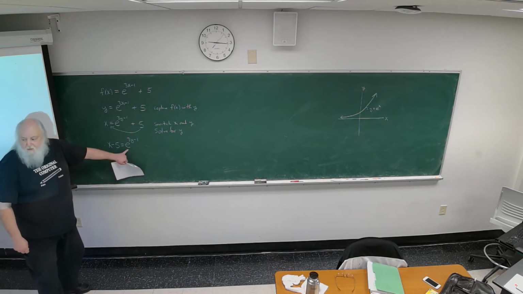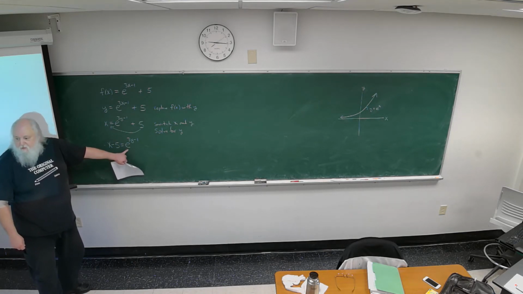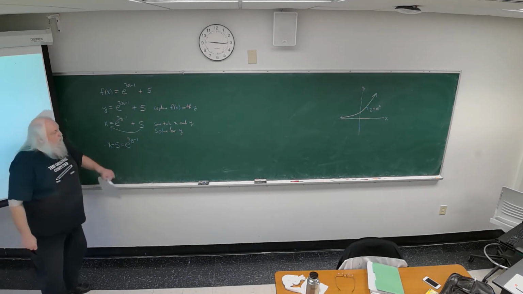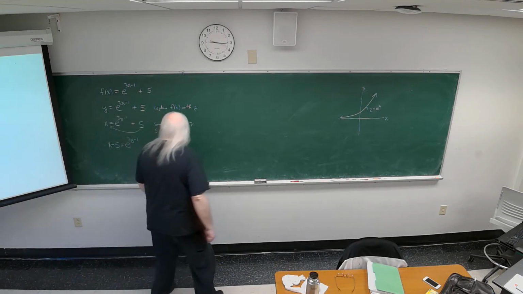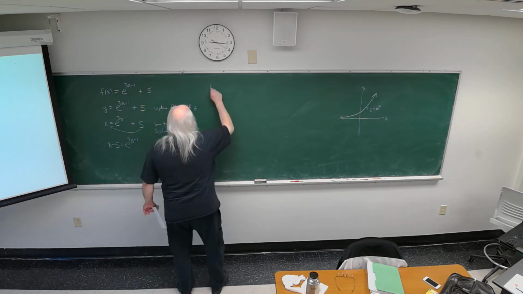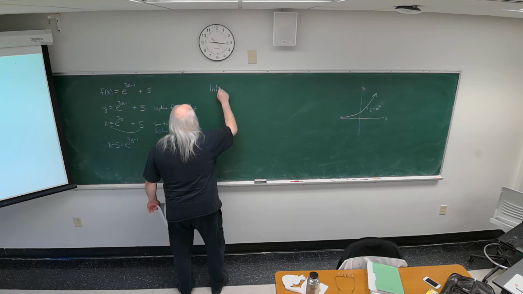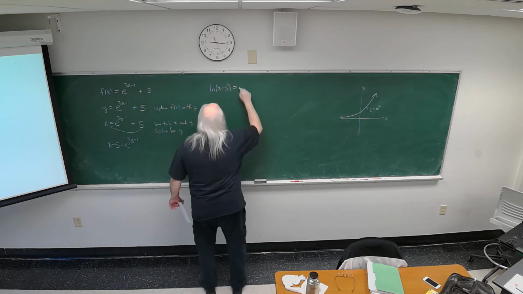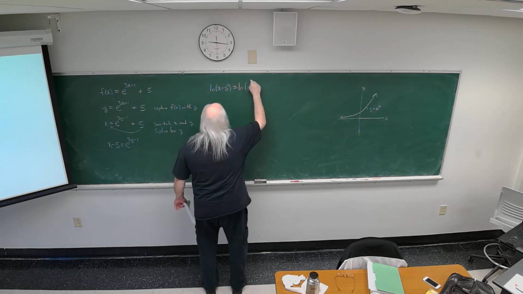Now, what's the inverse function of the natural exponential function? It's the natural log function, right? So we can take the natural log of both sides, and we have the natural log of x minus 5 is equal to the natural log of e raised to the 3y minus 1 power.